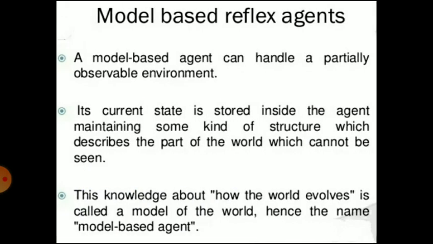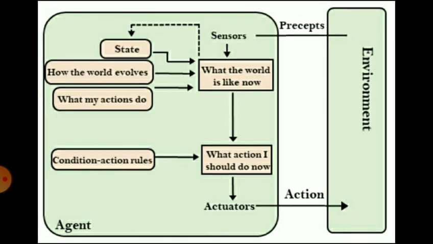So we can see the block diagram now. There is an environment, perception, action, actuators, then the sensors, and what the world is like now. That means it is the current situation, current perception. On the left hand side there is a state.